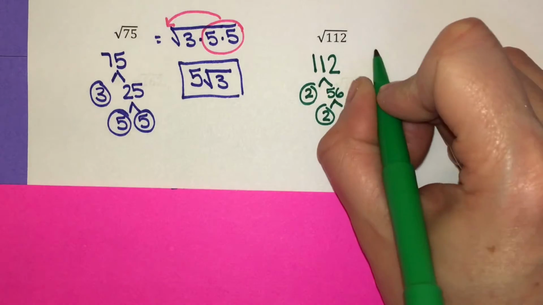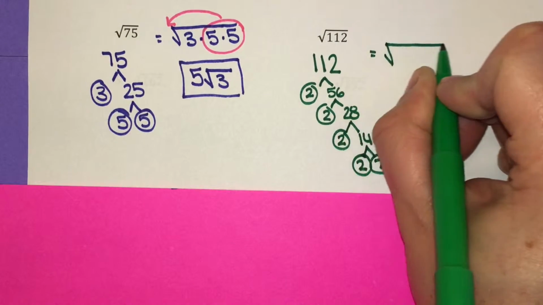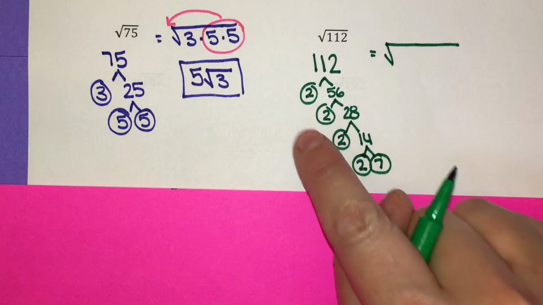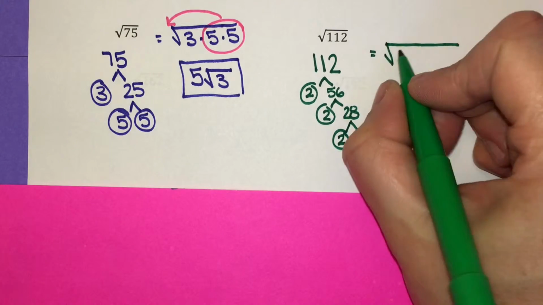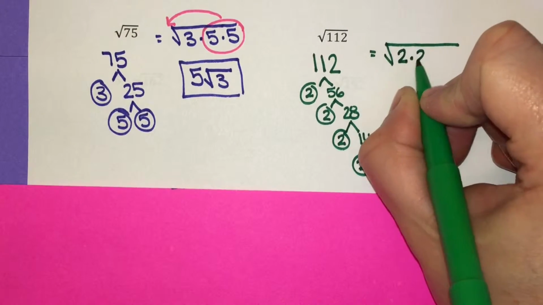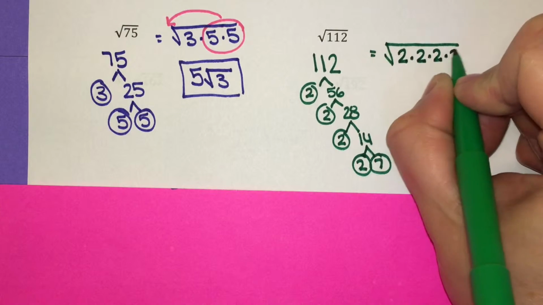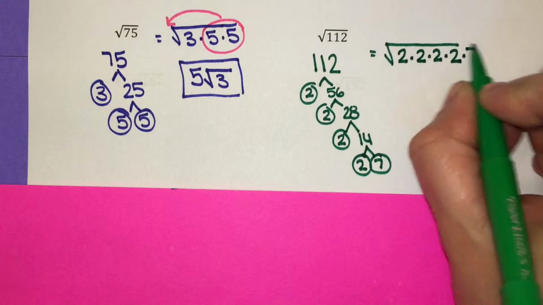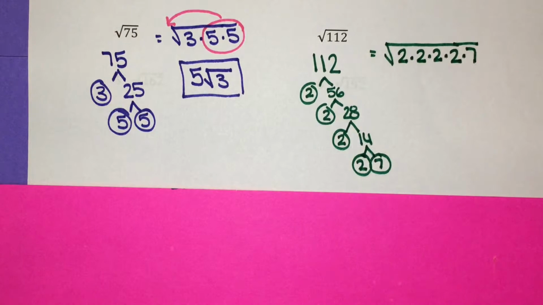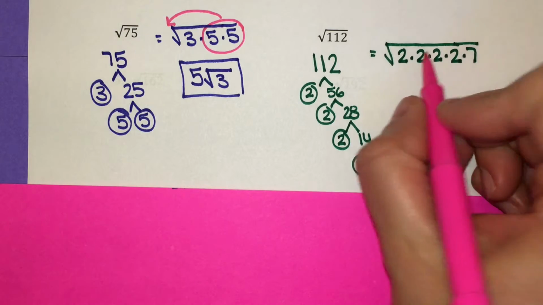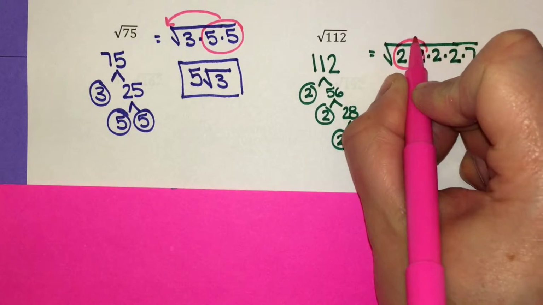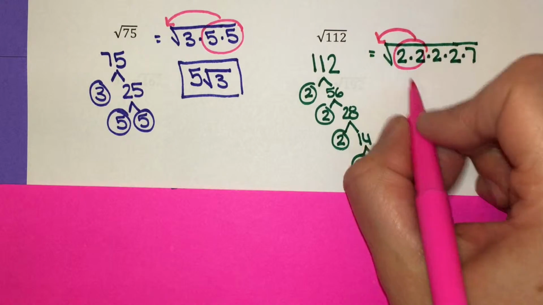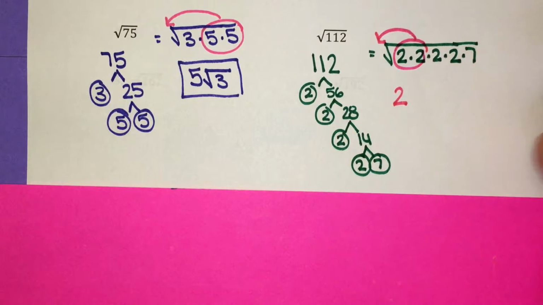All right, so I'm going to write these out. This is the square root of 4 2's multiplied together: 2 times 2 times 2 times 2 times a 7. This one's slightly different. With a square root, we still find a number multiplied by itself and it can come out. Here's 2 multiplied by itself, so a 2 can come out.